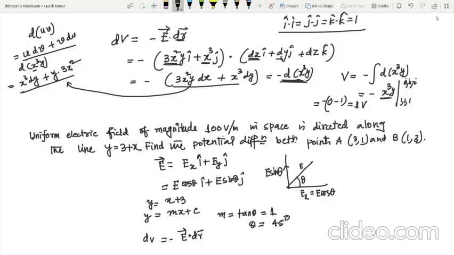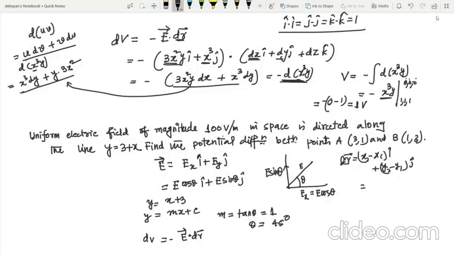So the thing is that if we put the values, x1, y1 is given, that is 3 and y1, and x2, y2 is given. So if we put that value, then what we will get is the value of x2 is 1, because this is x2, y2 and this is x1, y1.